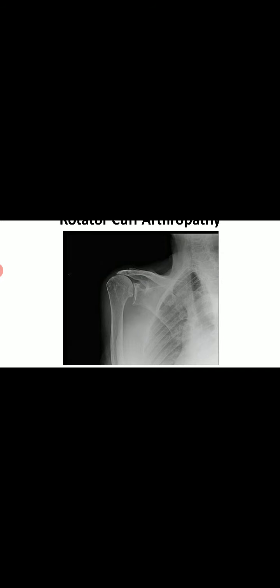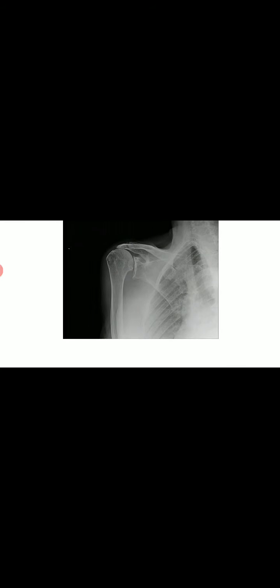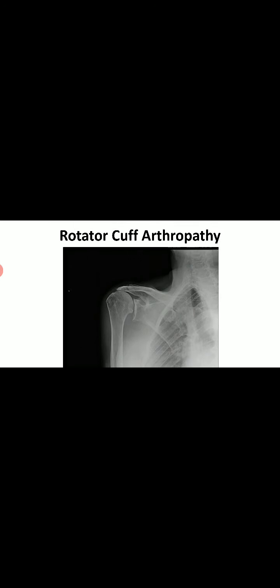This is one X-ray picture showing rotator cuff arthropathy. We can see the proximal migration of the humerus, decreased acromio-humeral distance, and the arthritic changes in the humeral head. So whenever there is a rotator cuff arthropathy, we will be seeing severe retraction of the tendon. Whenever we see an X-ray of this sort, it means there is a torn rotator cuff.